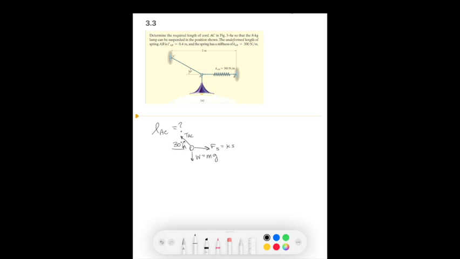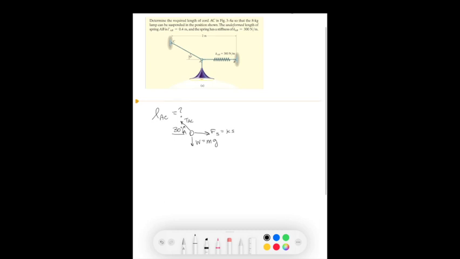And there's a few other things that we can also say. We're told that this length here is 2 meters. And we know that there is the length of the cord, the x component of the length of the cord AC, which is equal to the cosine of that angle, 30 degrees. And over here is the length of the spring as it's been stretched out.